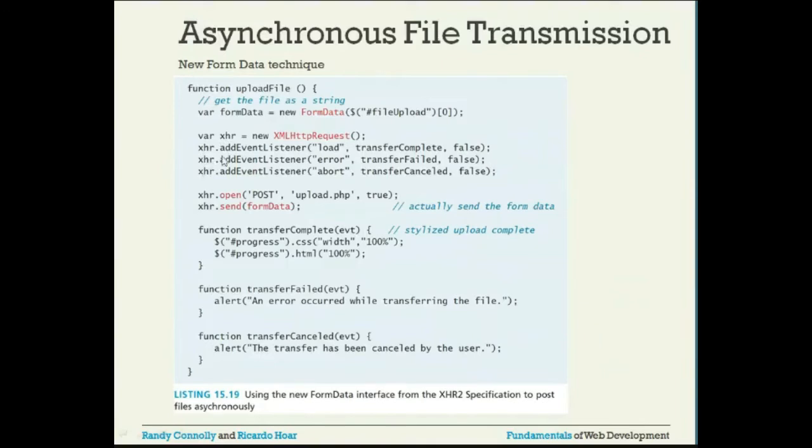How do we do that? Using xhr.addEventListener. The first event it is going to listen to is load, and next is error, and if there is any abort. We are adding three listeners onto this object: the load event, the error event, and the abort event.